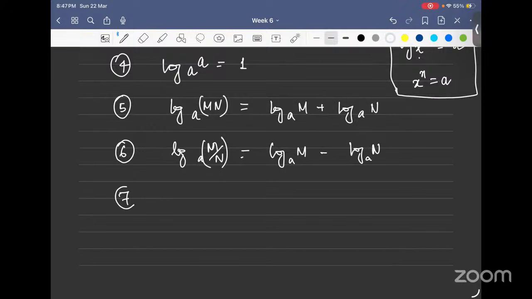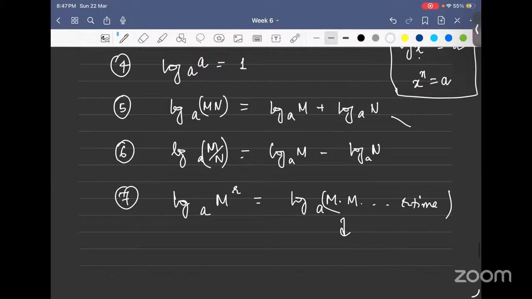And the seventh property is log of, for example, m to the power r base a. You can write it as log of m, r times. You can do the summation using this property, so this will be log of m base a plus log of m base a, r times.